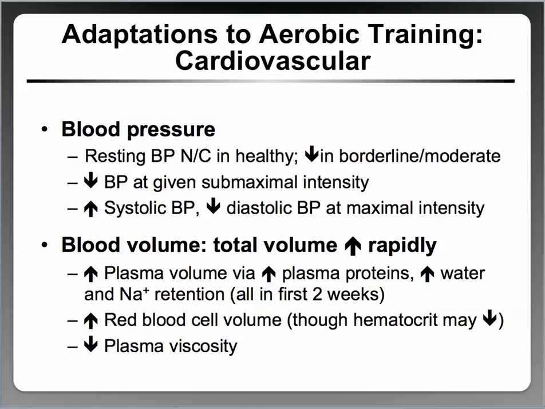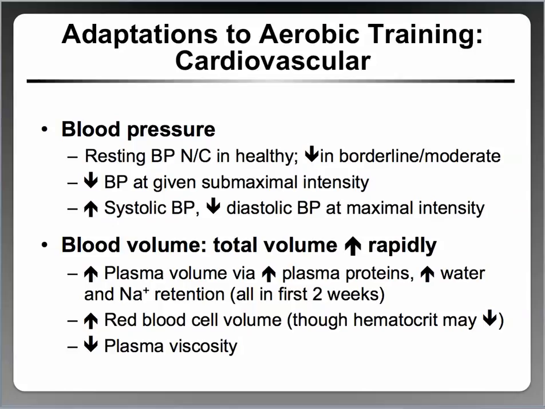And then with endurance training, if you look at maximal intensity, what you're going to see with blood pressure is an increase in the systolic blood pressure. So it's an increase in that driving force to get oxygenated blood with nutrients to the working tissue.